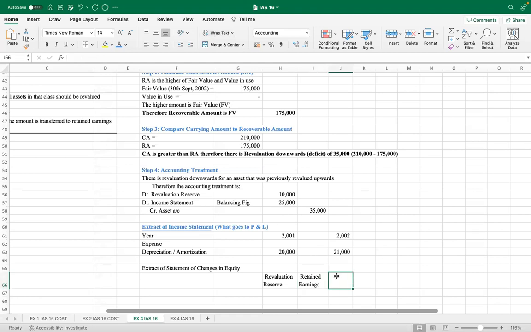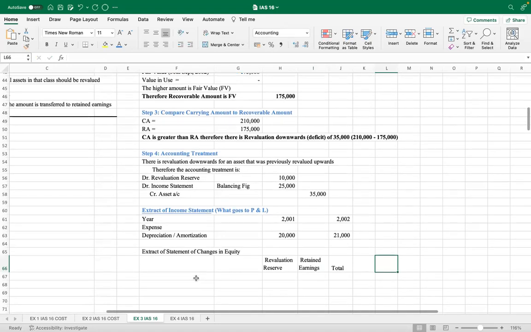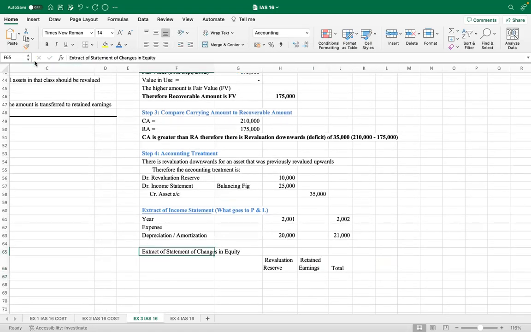And then we have total. I think this is the best way to bring it out, so that the extract of statement of changes in equity is clear.